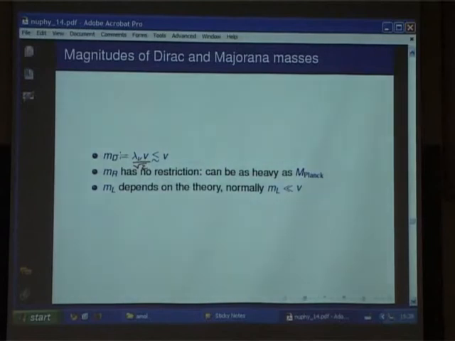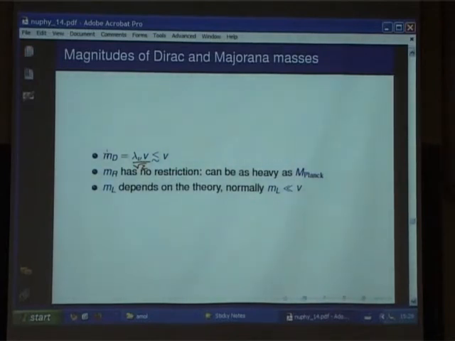If we want neutrinos to get mass only from Dirac, then it should be 10 power minus 1... We will see tomorrow how it's possible to have this M_D as high as 100 GeV. So it's possible to have M_D 100 GeV and still have neutrino mass equal to 1 electron volt.